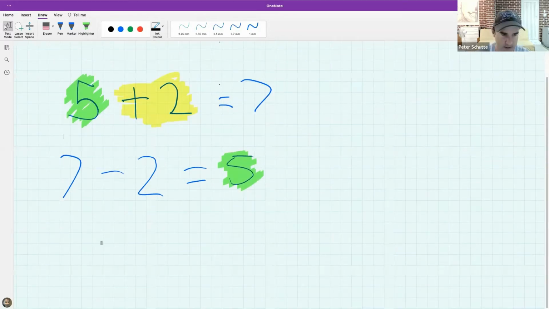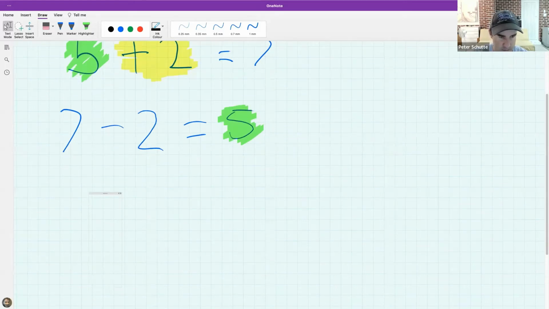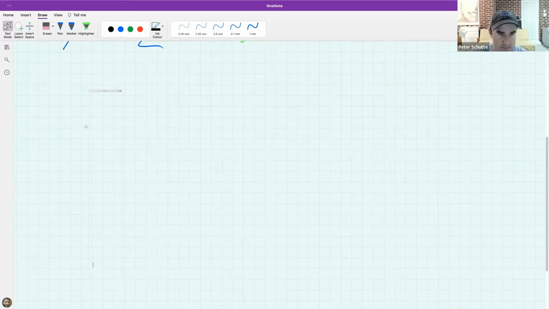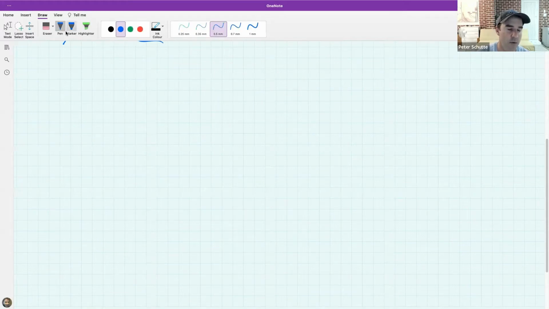Let's do something similar to that, but with a different operation. Let me just move down a little bit. Say I go 5 and I multiply by 3. What is the opposite process to multiplying by 3? You can pop it in the chat.